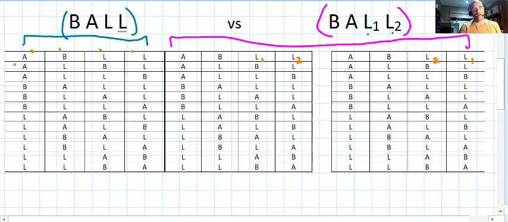Okay, so for all these others, and there's 12, you can try this yourself with a simple table, but a direct reasoning. For B-A-L-L, where L and L are indistinguishable, there'll be 12 different arrangements. For distinguishable, in every case we can have from left to right L1 before L2, or vice versa.